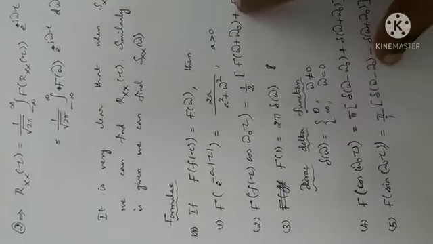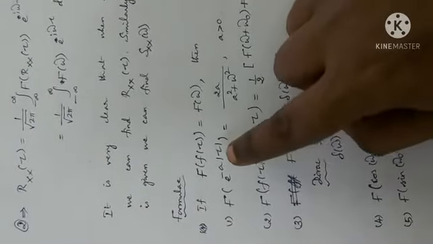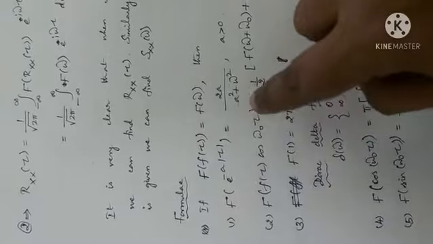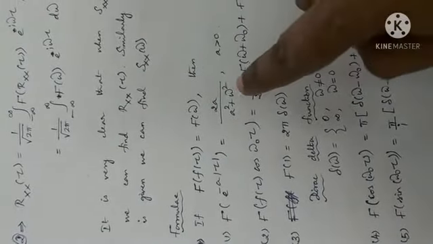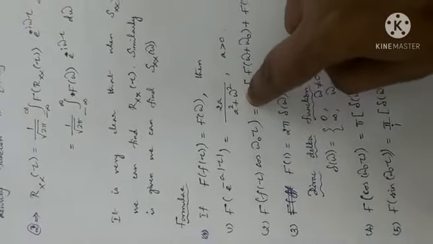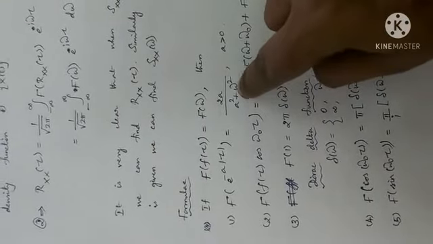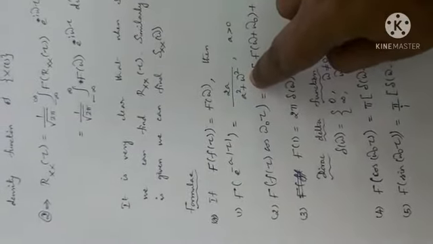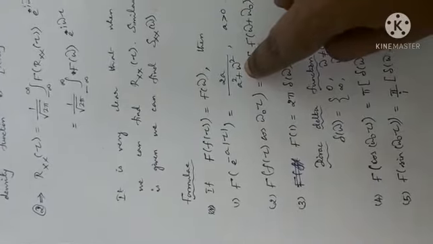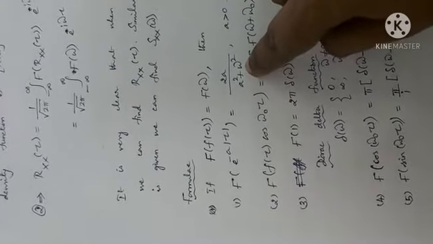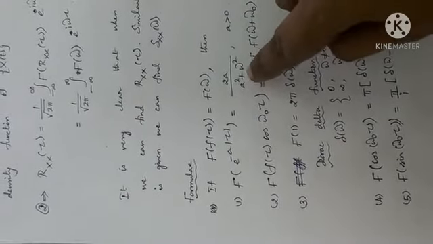Then, there are some formulas. First formula: the Fourier transform of e power minus a into modulus of tau is 2a by a square plus omega square. But we have a proof. If you ask civil or mechanical students, they can do the proof, because they studied transforms and PDE in the third semester. But you studied linear algebra and PDE, right?